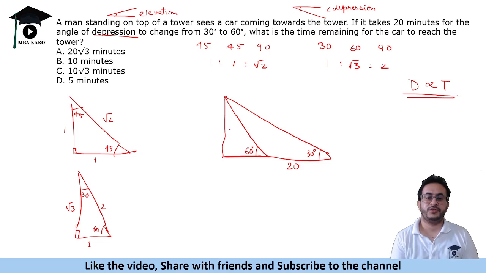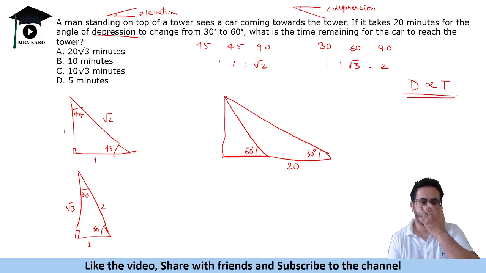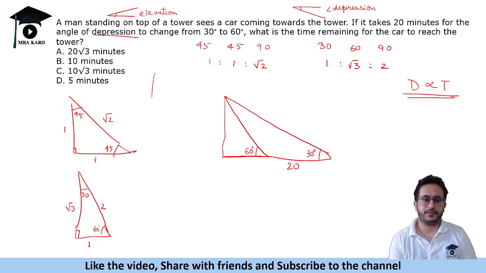Okay, so let us say this height is h. When we consider this bigger triangle, we have this as h. I told you that for 30, 60 the ratio is 1, root 3.